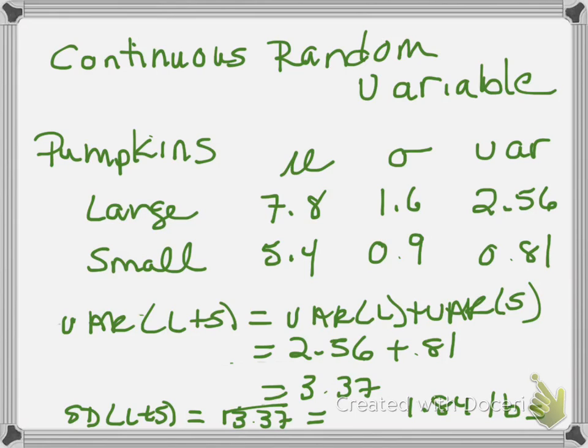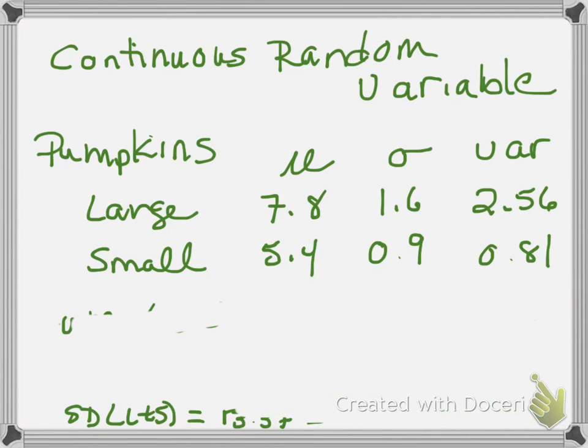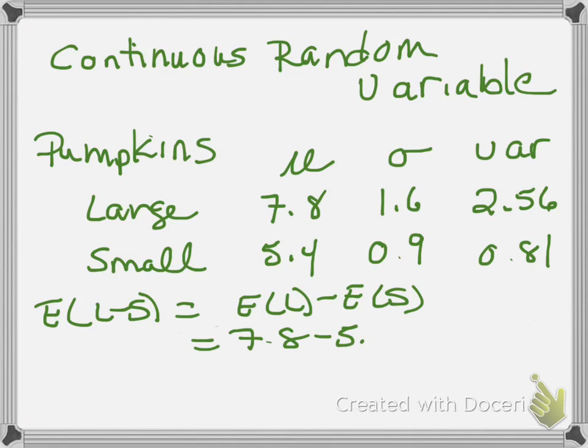All right, so now let's subtract. Okay, and I'm more apt to ask you about subtraction than I am about adding. All right, so now let's find the difference. So the expected value of large minus small is the expected value of large minus the expected value of small, which is 7.8 minus 5.4.